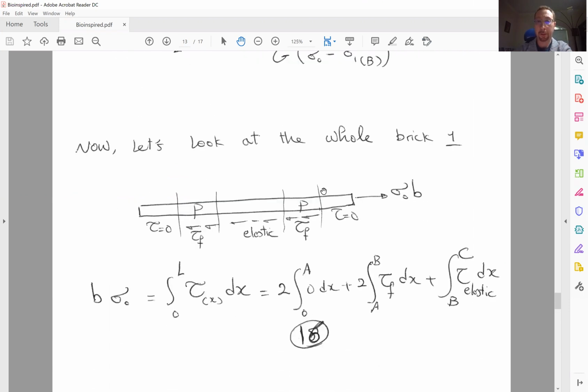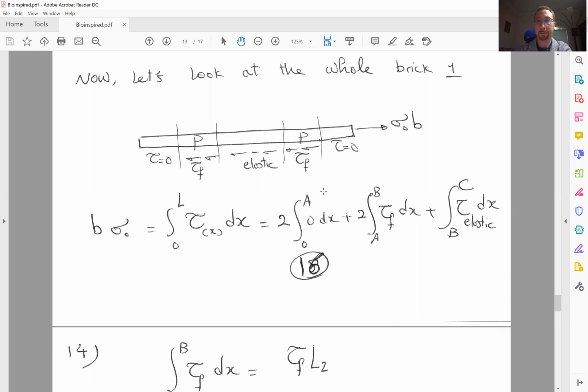This other relationship will be derived by considering only this interface region between tablet 1 and the mortar. We have a few regions here.